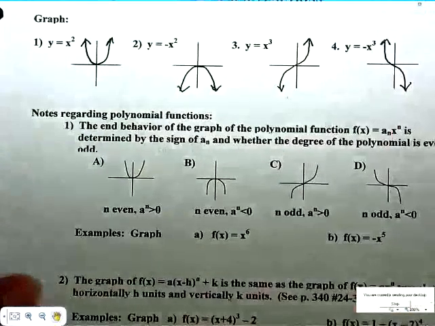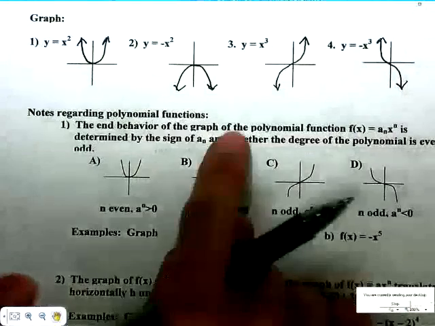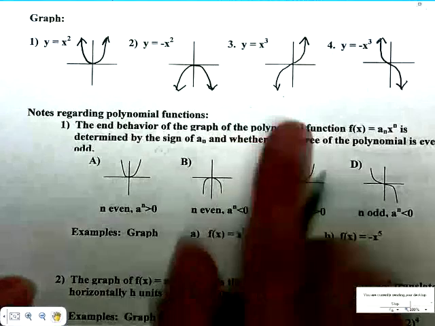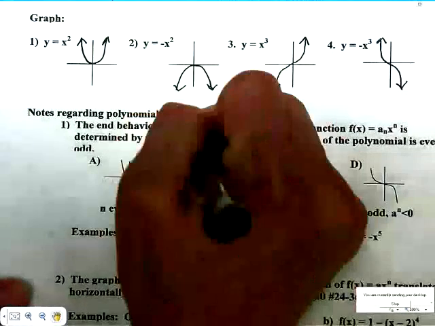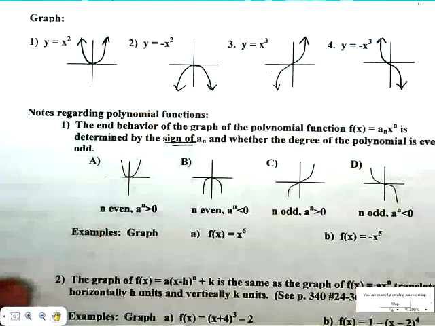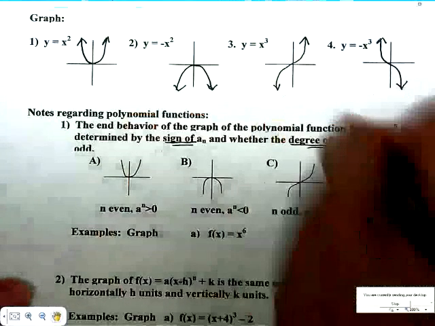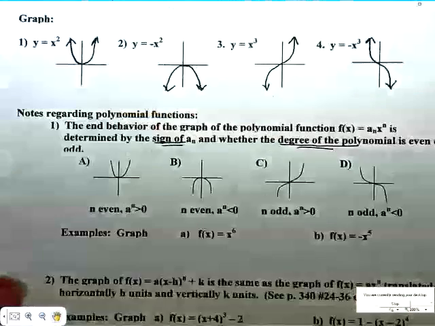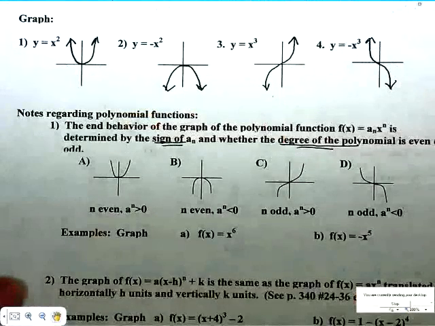Well, it turns out the end behavior of the graph of any polynomial function is determined by two things: the sign of the leading coefficient and whether the degree of the polynomial is even or odd. Those are the only two things you have to know about any polynomial to know at least what's going on at the ends.